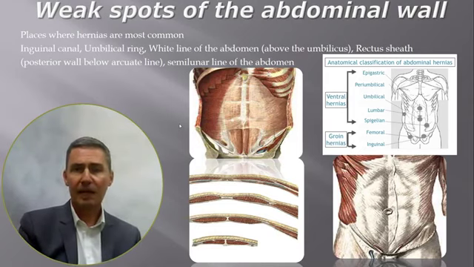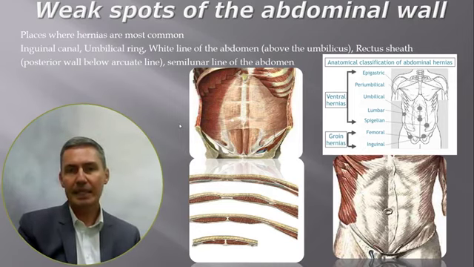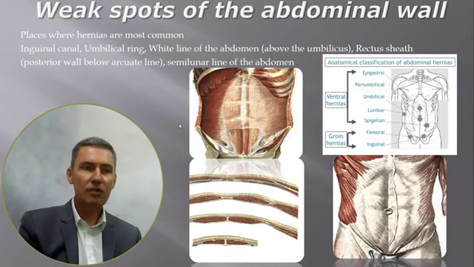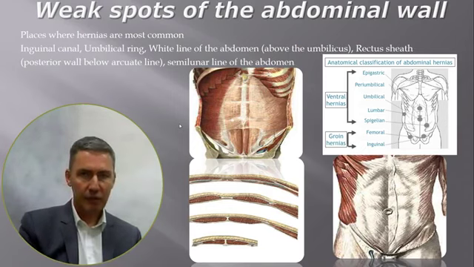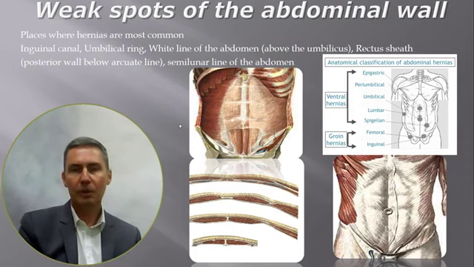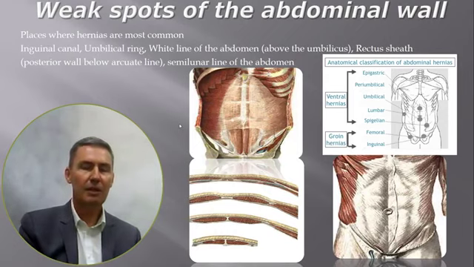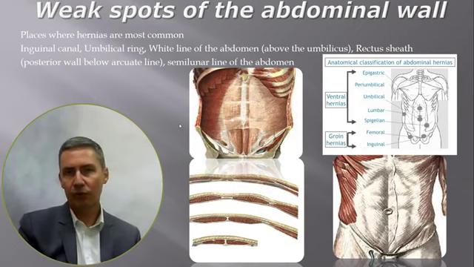It is the line, or Spigelian line, where the transverse abdominis muscle continues from the fleshy part to the aponeurotic part. Depending on these weak spots of the abdominal wall, we can talk about the anatomical classification of hernias or herniation.